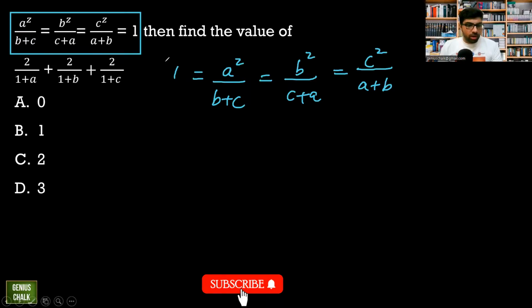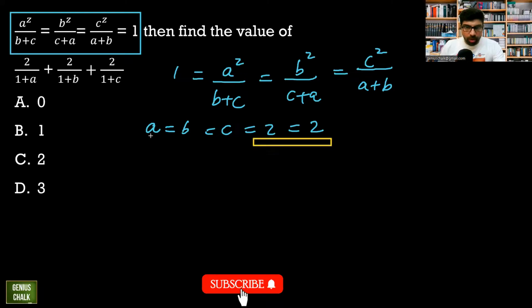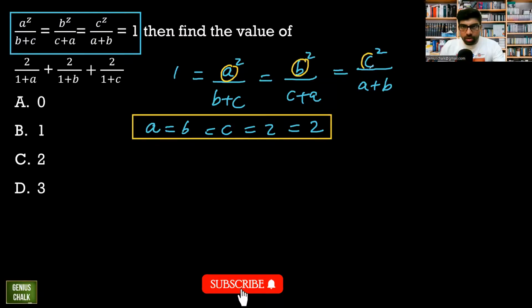Okay, so how can we say they are equal to 1? You see, if I put a, b, and c and z equal to 2, this is the must noted point here. If I put a, b, c as well as z equal to 2.